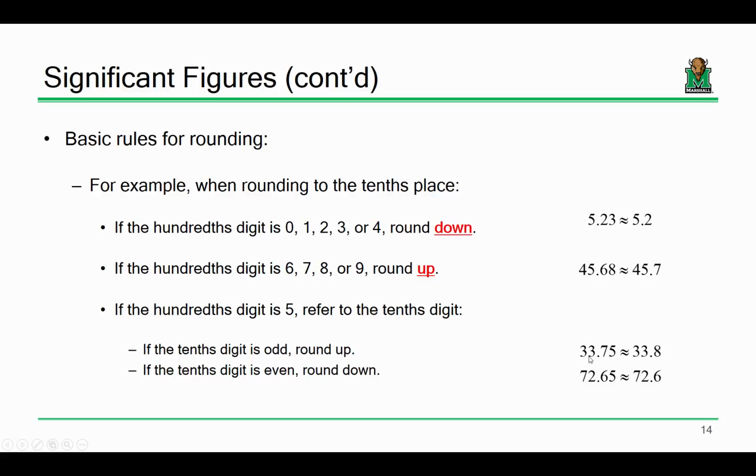Here you can see 33.75, the 7 is odd, and so we rounded this up to 33.8. But in the case of an even digit, this 6 is even, and so 0.65 we rounded down to 0.6. Again, the reason is so that you're not always rounding up and creating a skew in the data.